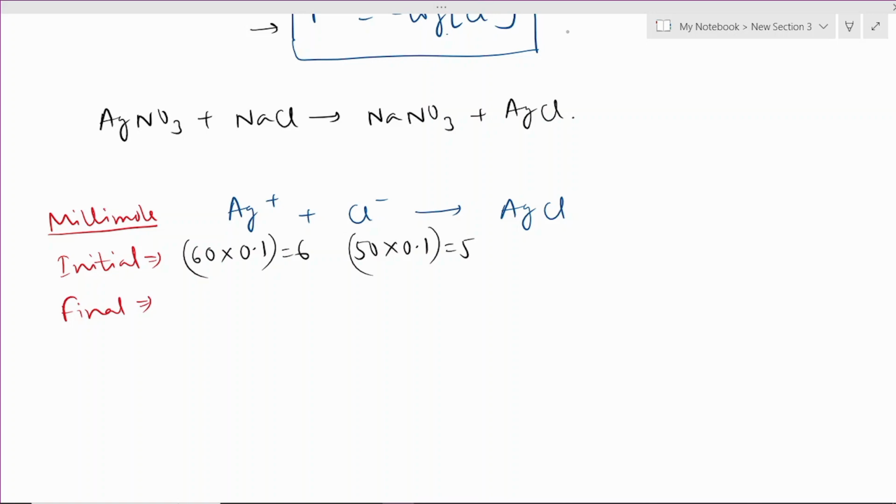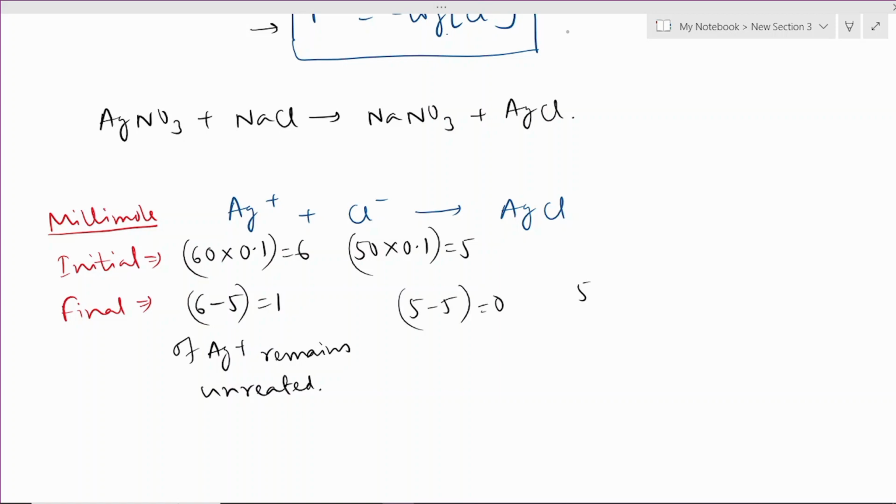After the reaction, 5 millimoles of chloride reacts with 5 millimoles of Ag+ to give 5 millimoles of AgCl, so 6 minus 5, that is 1 millimole of Ag+ remains unreacted, and chloride is 5 minus 5, that is 0, and we get 5 millimoles of AgCl.